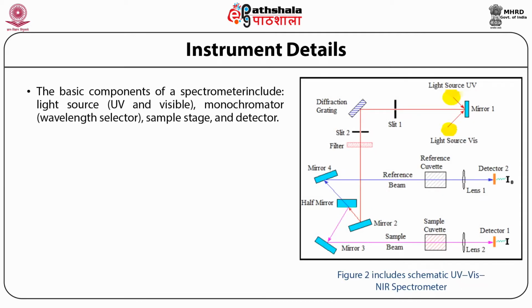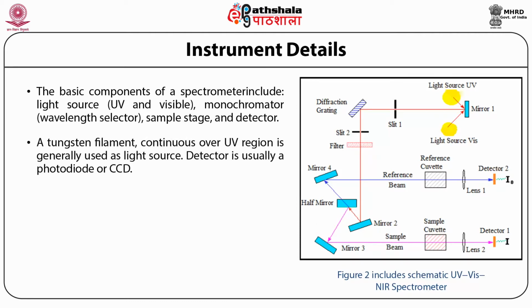So the basic components of a spectrometer include a light source, which is UV and visible, monochromator, that is wavelength selector, sample stage, and detector. So a tungsten filament, which is continuous over the UV region, is generally used as a light source.